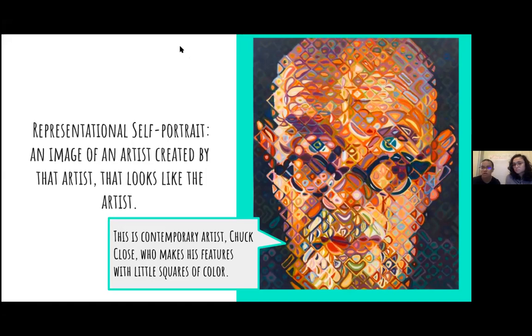So he invented, or practiced, this system of grid enlargements. Grid enlargements is when you take, say, a small photograph of a person, divide it into little tiny squares like a grid, and blow it up really big.